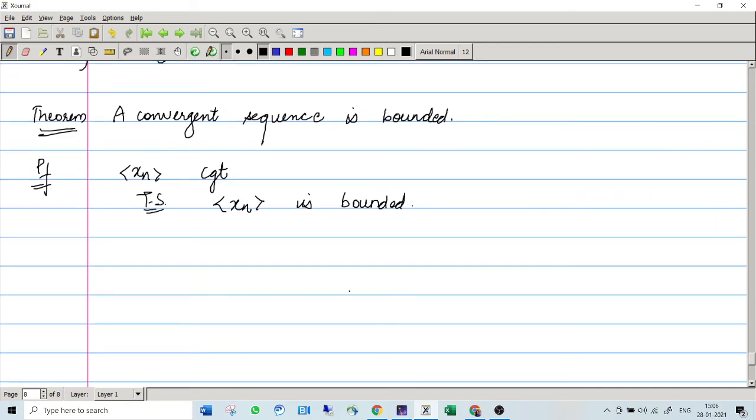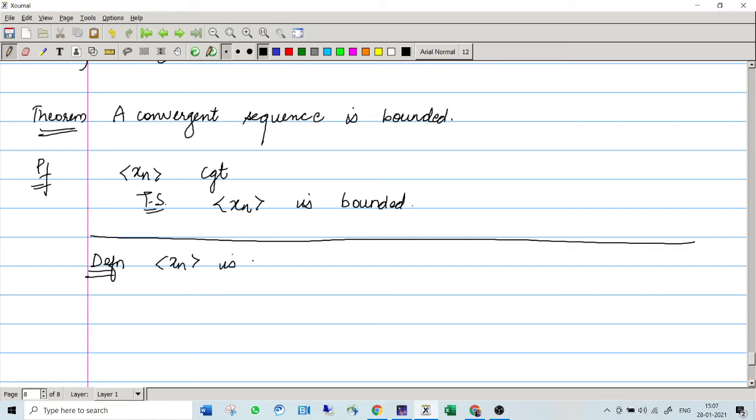But before that, let us consider the definition of a sequence being bounded once again. A sequence xn is said to be bounded, where BDD stands for bounded. If I write BDD or the full word bounded, they both mean the same, right?